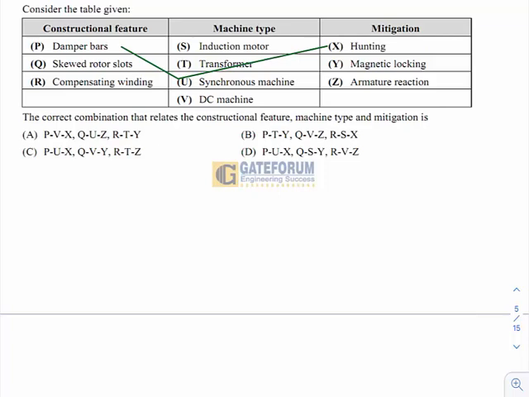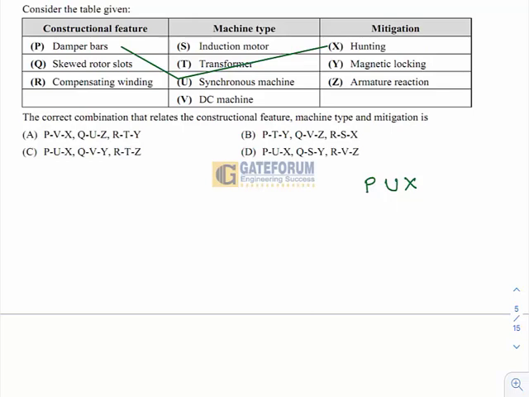Okay, so the first sequence that we are getting is P, U, X. Then they are asking about skewed rotor slots. Now you know that the skewed rotor bar are used in squirrel cage induction motor to reduce the content of harmonics and also to avoid the magnetic locking in between the stator and rotor, right?